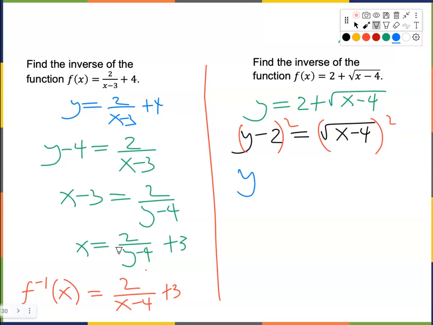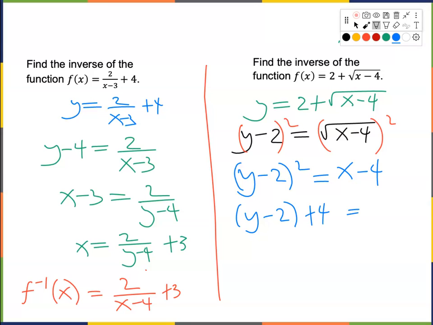So y minus 2 squared is equal to x minus 4, and then add 4 to both sides. And then now the inverse of x, you switch x and y, is x minus 2 squared plus 4.